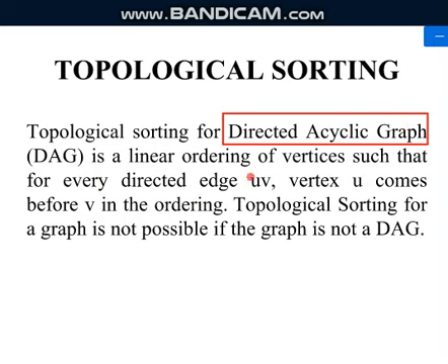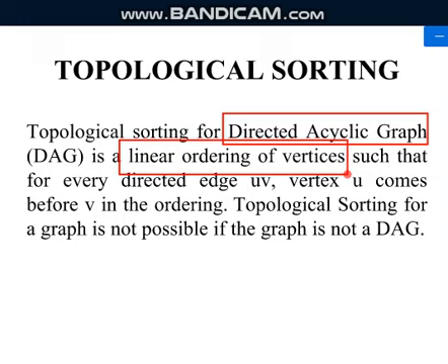Here it is a linear ordering of vertices. So how are you going to order these vertices? It is told that it is a linear ordering of vertices, so you are going to arrange those nodes of the graph in an order. In which order?